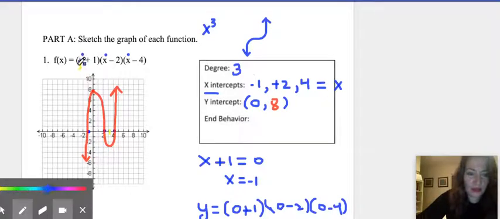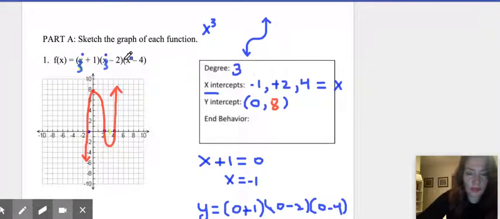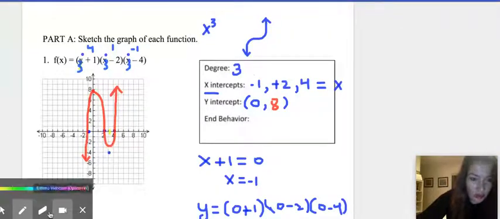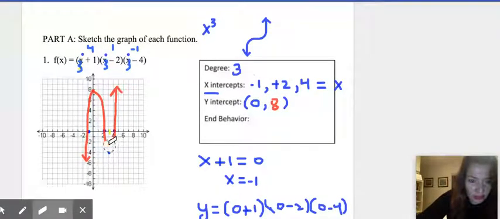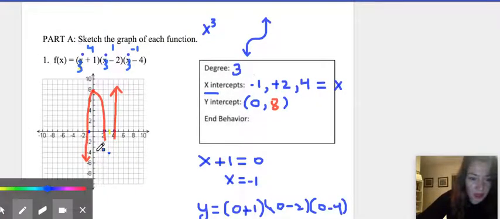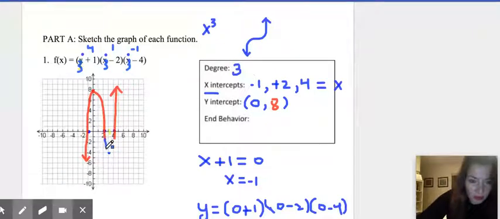So 3 plus 1 is 4, 3 minus 2 is 1, and 3 minus 4 is minus 1. Multiply all these numbers, we get negative 4. So at x equals 3, we can go down to -4. So if I erase this over here, I can draw it a little bit more accurately. So when x is 3, y is negative 4.